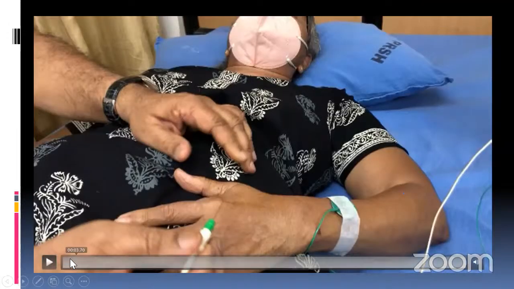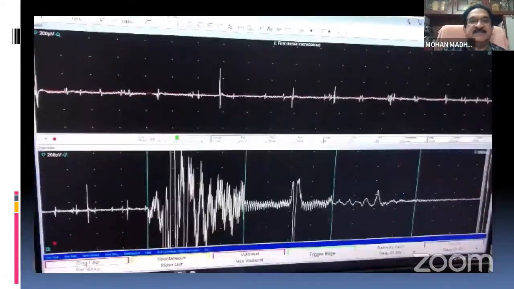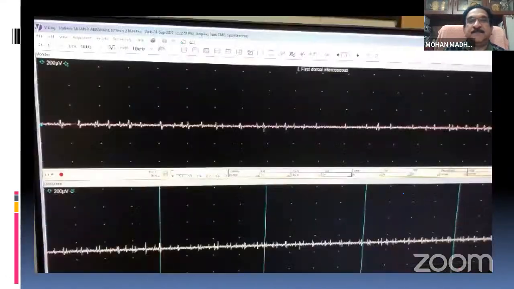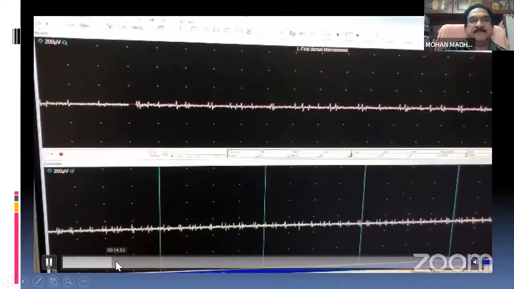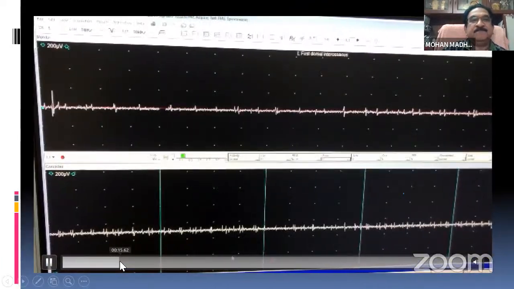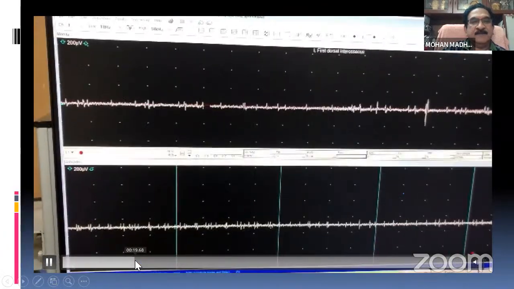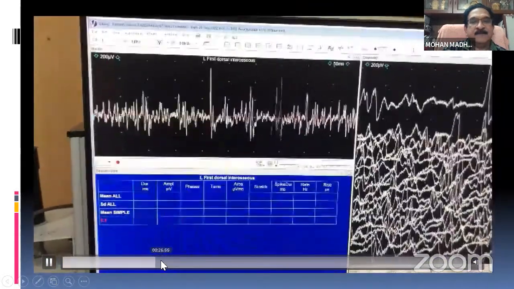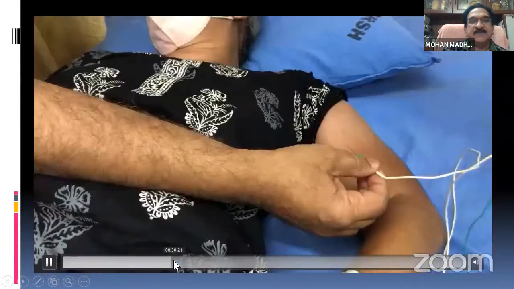EMG, NCS. Yes, that was the EMG. You can see fibrillation, positive waves, from the first to the intrusion. Mildly decreased only one.